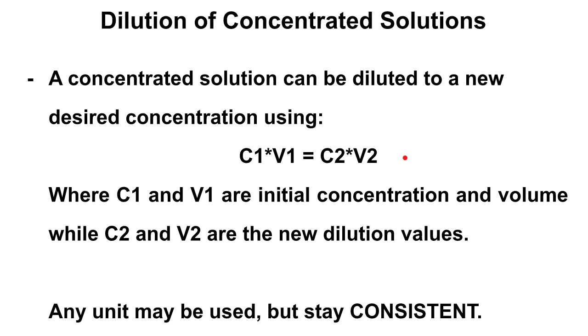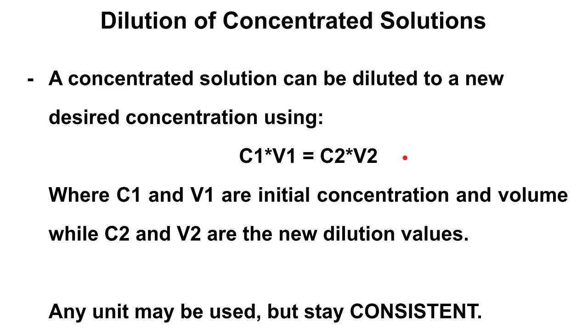It doesn't have to just be molarity. You also may see this as CiVi and CfVf for initial and final concentrations. Anything of this sort, when you see concentration and volume 1 and then concentration and volume 2 being set equal to one another, this is a dilution.